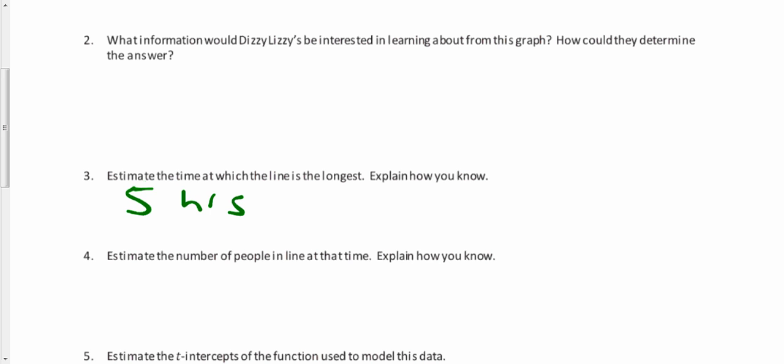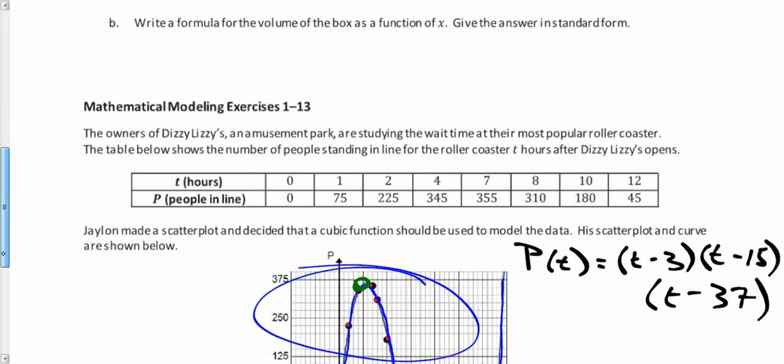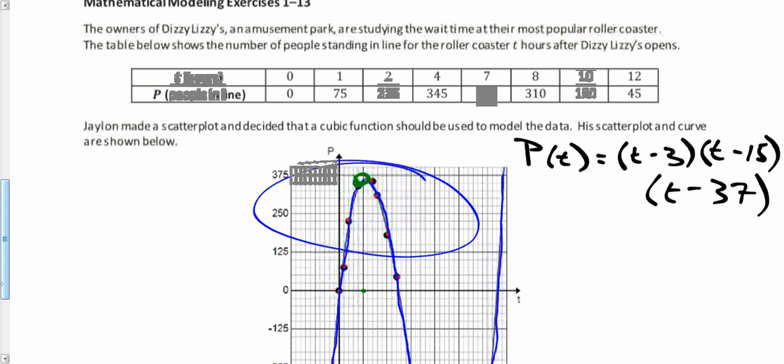Okay? Estimate the number of people at that time. Let's go back to the graph. How many people are at the ride at that time? 250. 125 divided by 5 is 25.